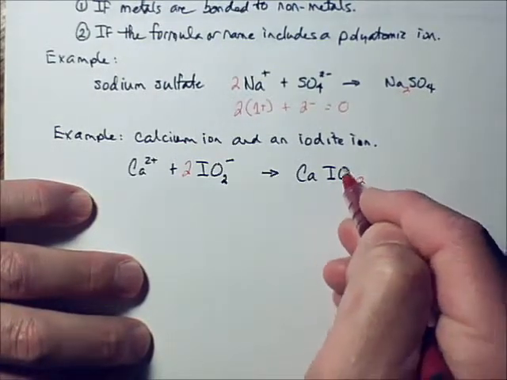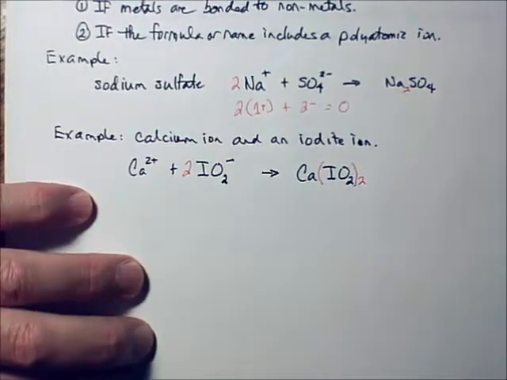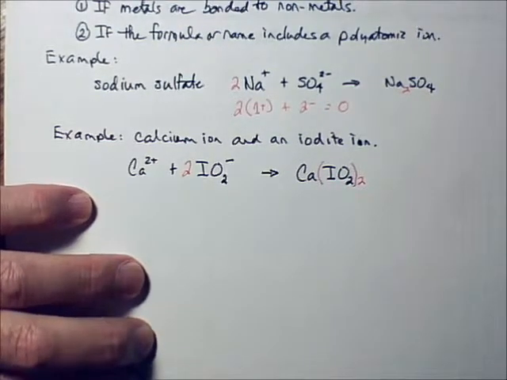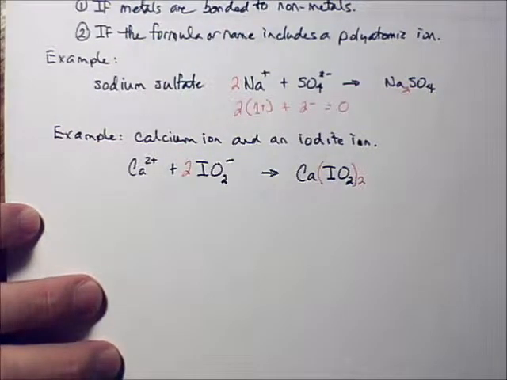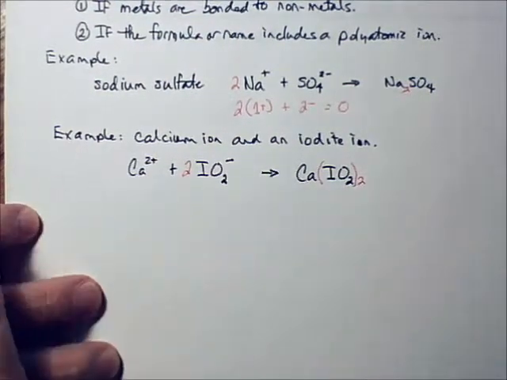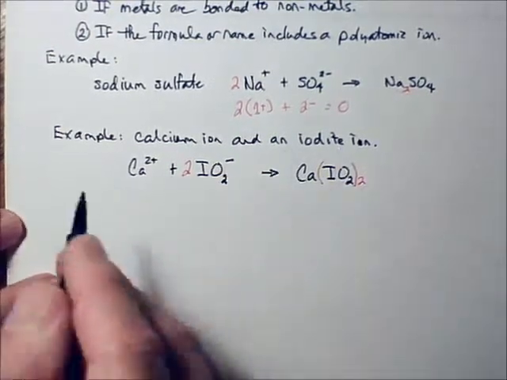What we want to do is to show there are 2 iodites, and you use parentheses to show that. Okay? You only put the parentheses around the polyatomic ion itself.